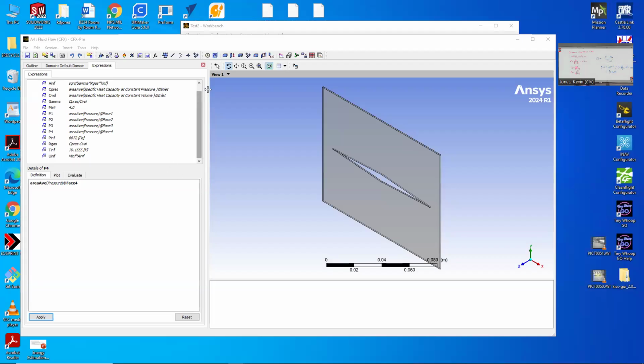So let's add an expression, QInf, equal to 0.5 times rho infinity times U infinity squared.